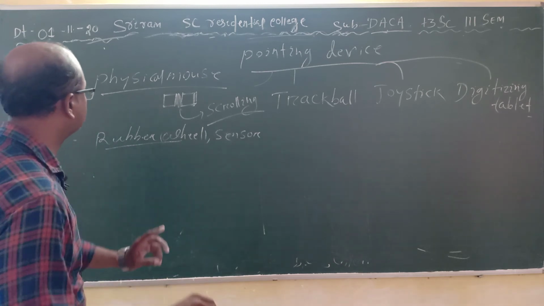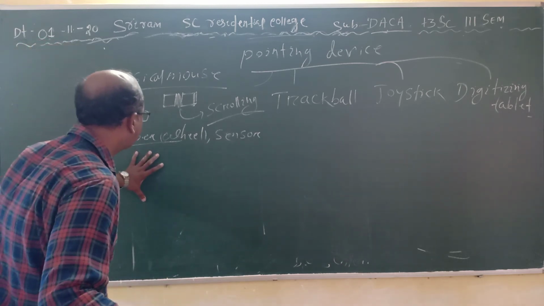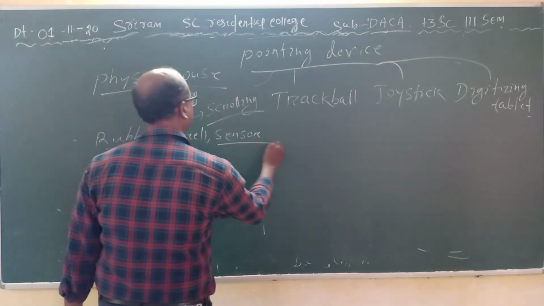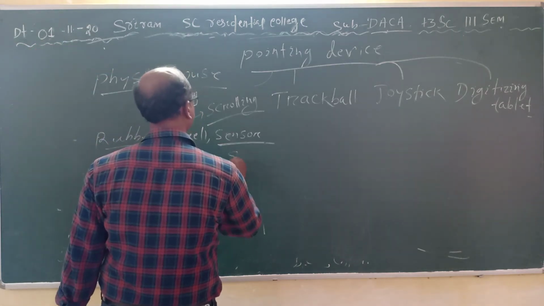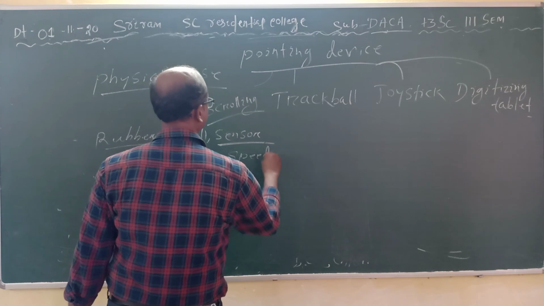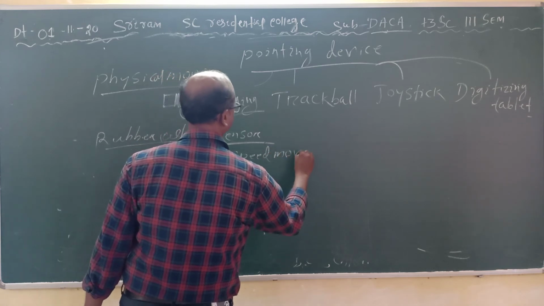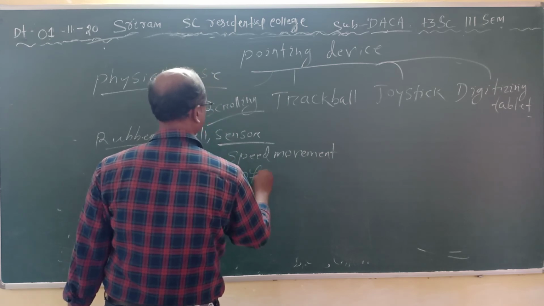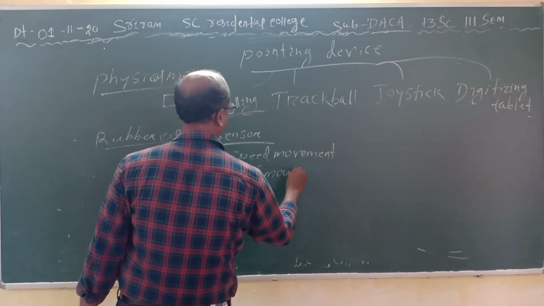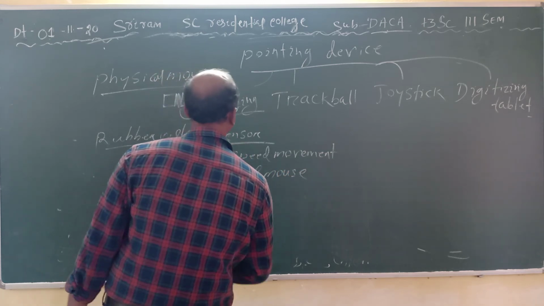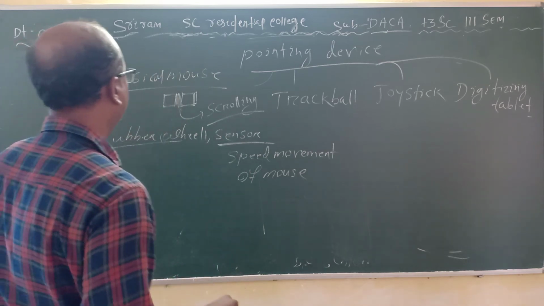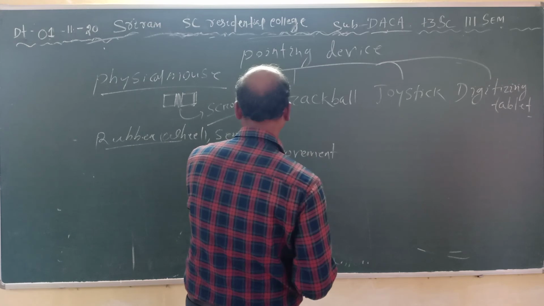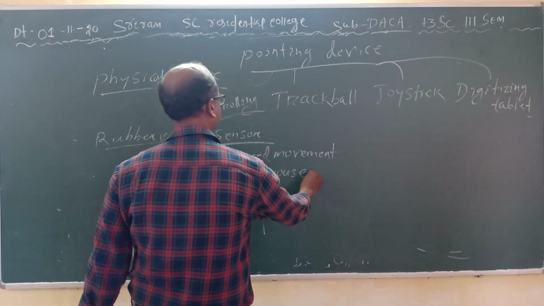That rubber wheel decides the direction of the cursor on the screen, and the sensor reads the speed of the movement of the mouse. The sensor checks or measures the speed of movement of the mouse.